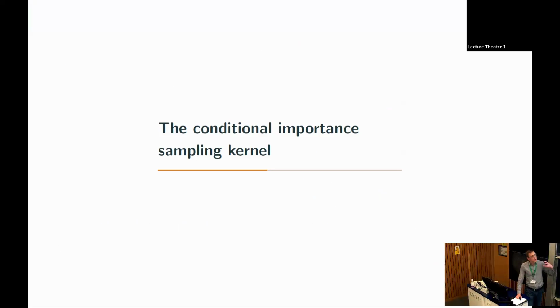Before addressing this problem of constructing a kernel for this space of state trajectories in a state space model, it's useful to see if we can do this in a simpler setting. Specifically, we will work with just importance sampling to begin with, because SMC is really a sequential application of importance sampling.